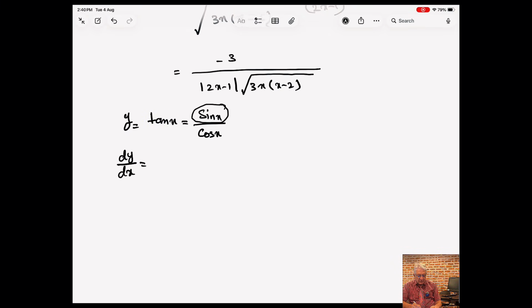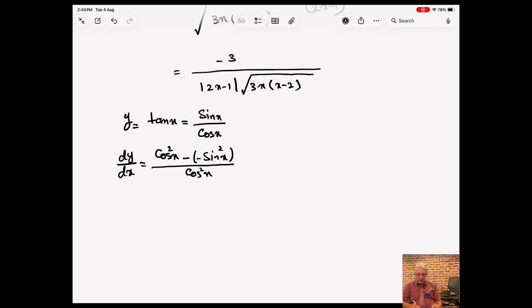Derivative of sin x is cos x, therefore this will be cos x times cos x. It will be cos square of x minus, derivative of denominator is minus sin x, times this will be minus sin square of x, then divided by cos square of x.